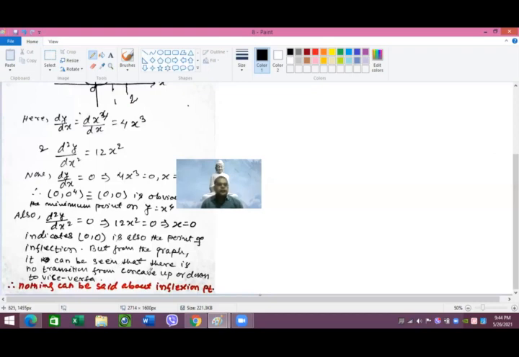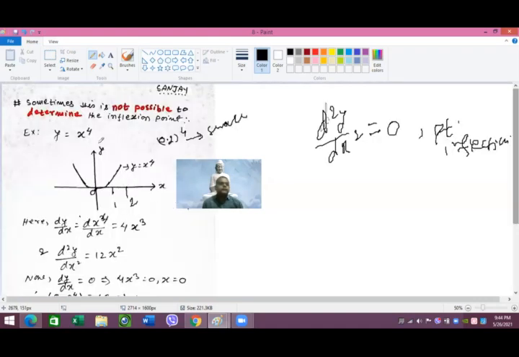it can be seen that there is no transition from concave up to concave down or vice versa. A point of inflection requires a transition from one concavity to another, or concavity to convexity, or any sort of bend where concavity changes.